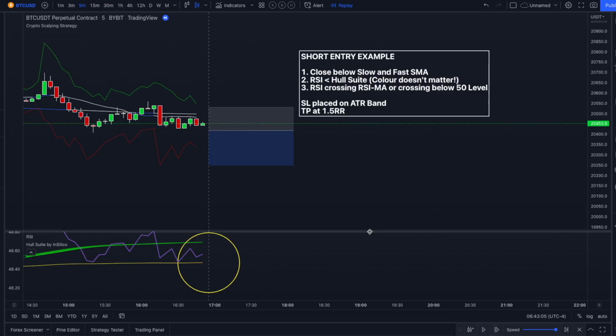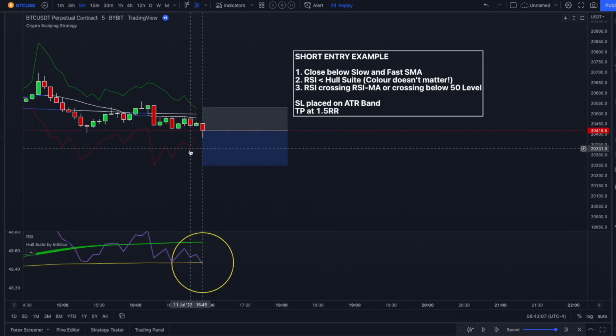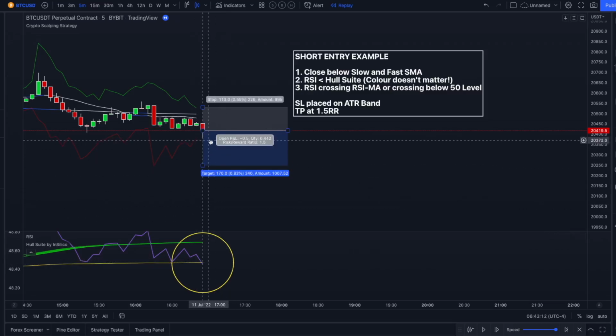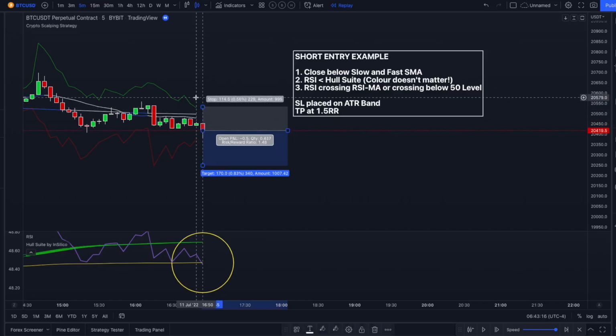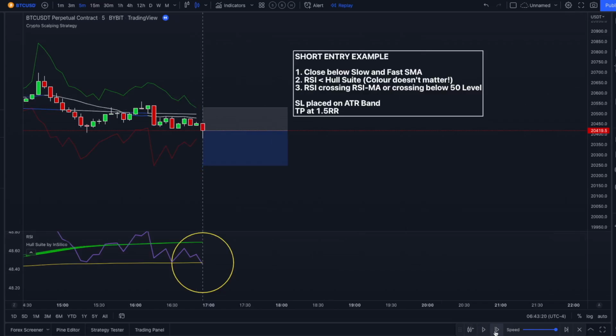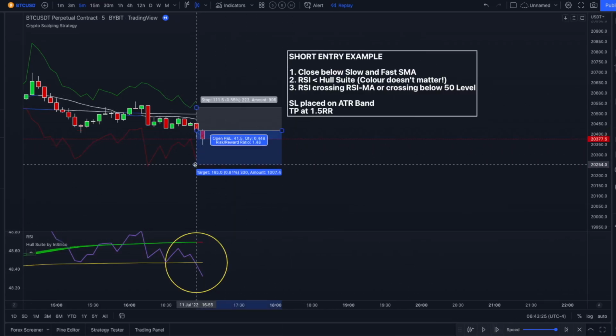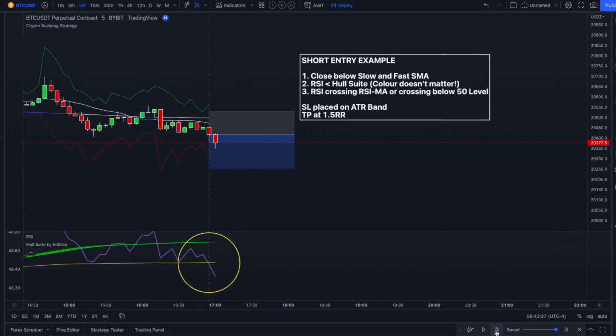Alright, and on the very next candle, we already saw that the RSI crossed the RSI MA. So we would have placed our entry right here, moved our stop loss right to this level here, where our ATR bands are right now. And let's see how this trade played out. We are looking for a 1 to 1.5 risk reward ratio.